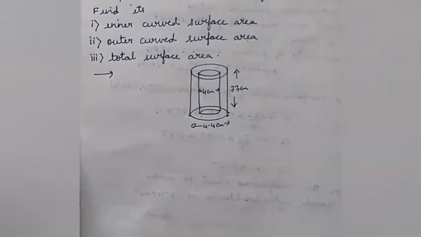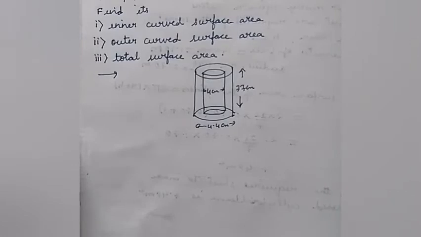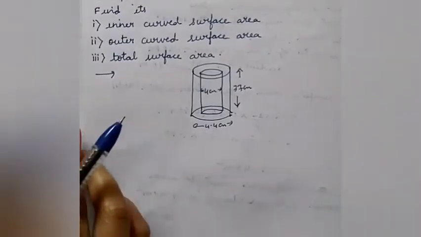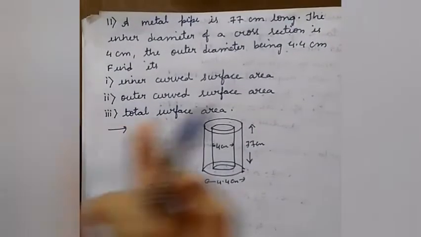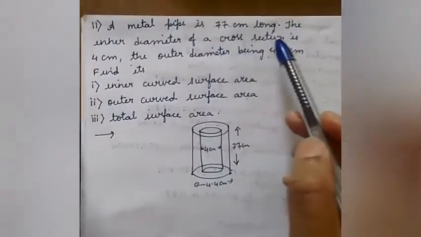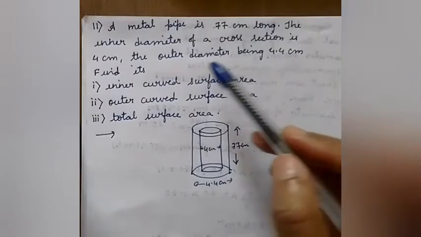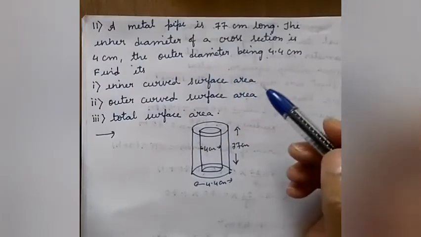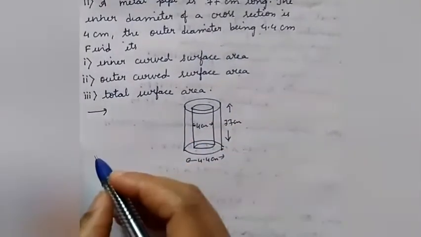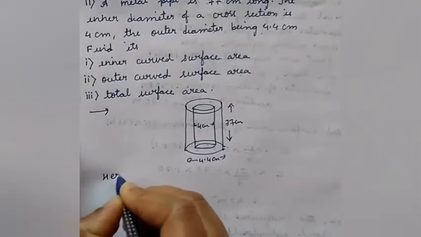So let us first write down, since we are given the inner diameter and the outer diameter, the inner radius and the outer radius.